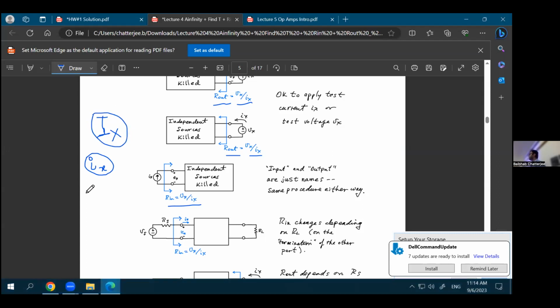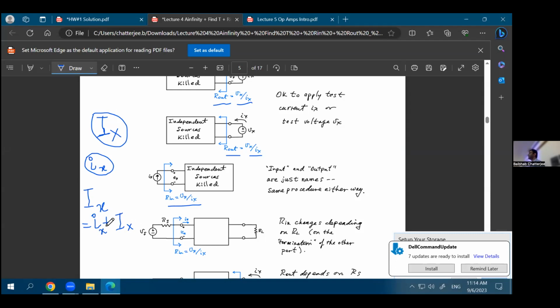Sometimes you'll see a notation like I but small x in books. What that will mean is that you have both an AC current and a DC current. So this is equal to this small Ix plus the capital letter Ix.